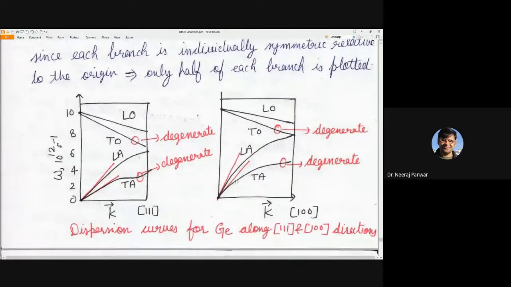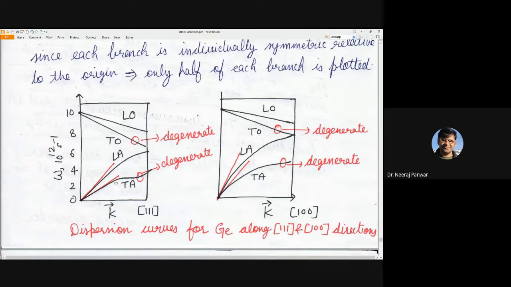We can see it for germanium also, along one direction. Now germanium has a diamond structure, so the unit cell consists of two germanium atoms, and the atoms are located at 0, 0, 0 position and quarter, quarter, quarter position. So in this case, these represent the lattice vibrations of a diatomic unit cell.